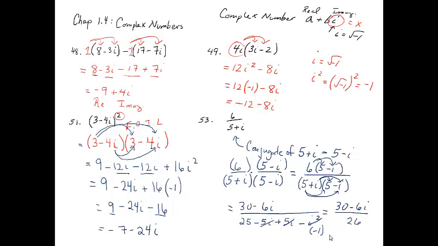And then last thing we're going to do is we're going to separate this into a real part and the imaginary part. So 30 divided by 26 is just 15 over 13, minus 6 divided by 26 is going to be 3 over 13, and don't forget the i is there.